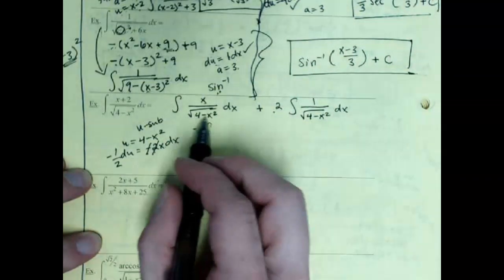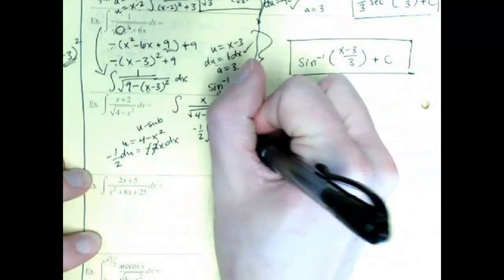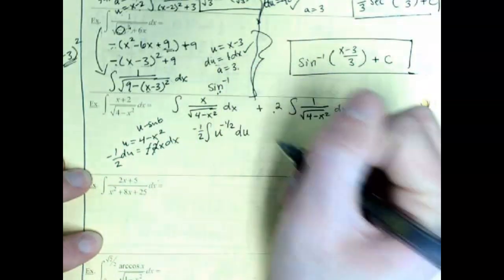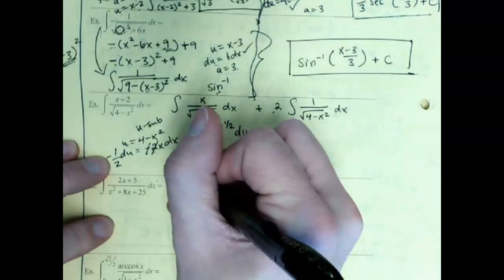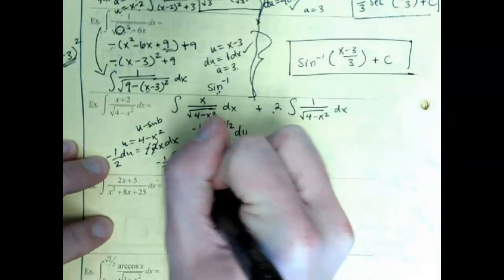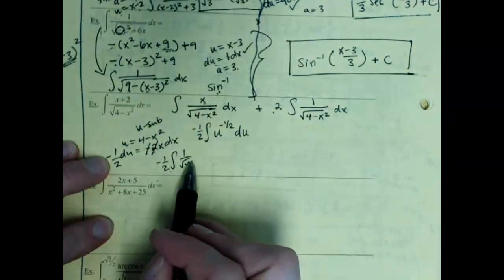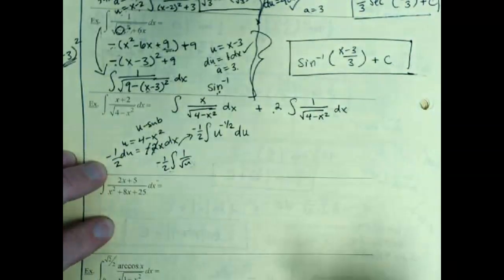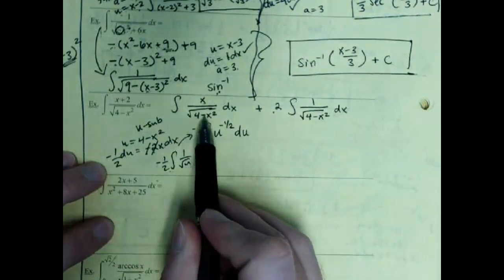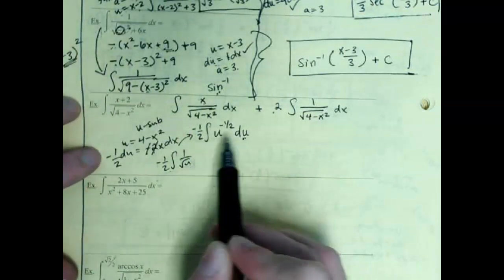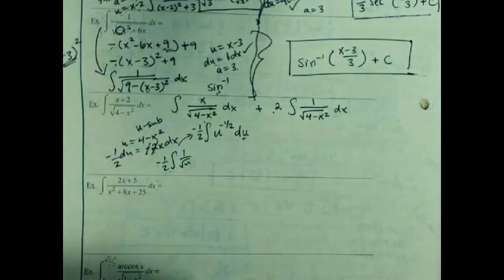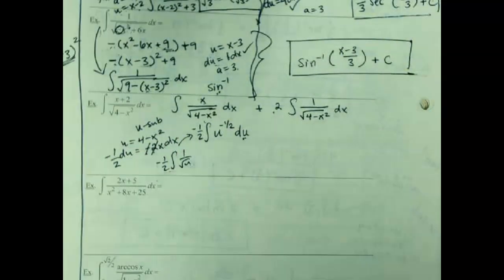You've got a square root on the bottom, so it'll be u to the negative 1/2 power. But that one will be done with just u-sub. If you needed to, you could write it as negative 1/2, 1 over the square root of u. If you need to do this step first and then get to there, that's okay. I just kind of skipped it. Instead of having the square root on the bottom, all this was the negative 1/2 in the du, and the square root on the bottom was the u to the negative 1/2 power.